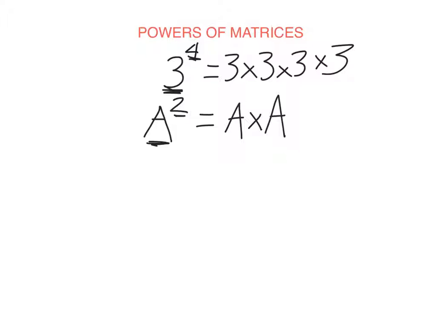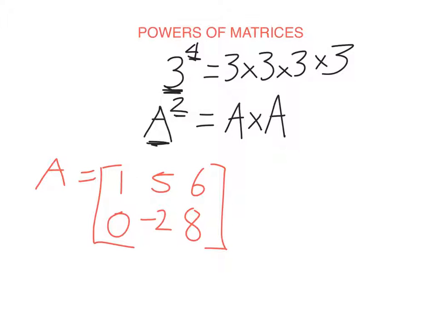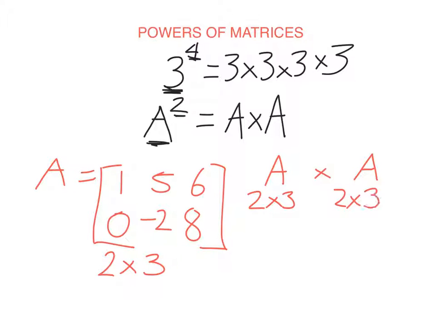So let's say A was this matrix here: 1, 0, 5, negative 2, 6, 8. So A is, of course, a 2 by 3 matrix. But if I want to multiply A by A, then that would be a 2 by 3 matrix times a 2 by 3 matrix. I can't do that because these two numbers are not equal.